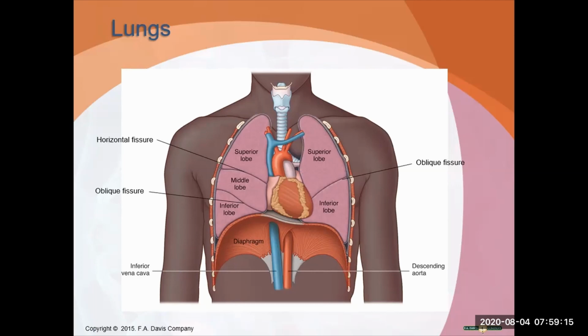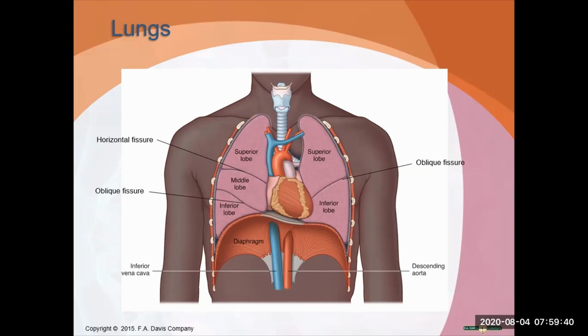It has 3 lobes: the superior, middle, and inferior lobe. It handles 55% of the gas exchange. The right lung contains 2 fissures, the horizontal fissure and the oblique fissure, that separate those lobes.